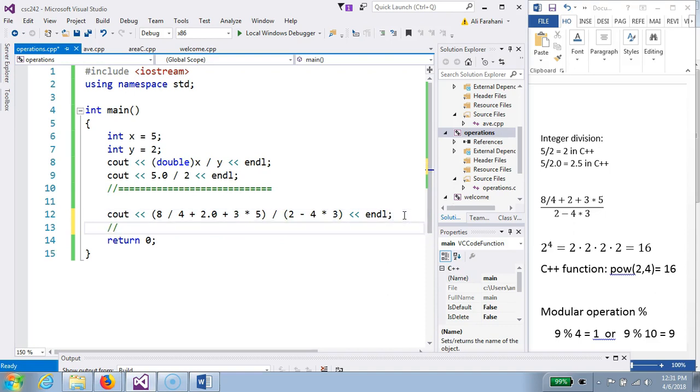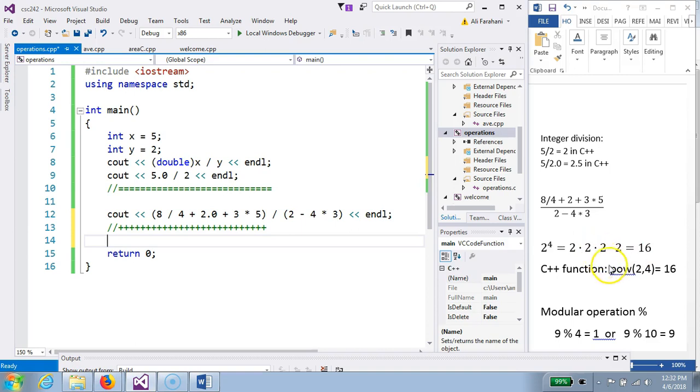Now the next item is the power function in C++. Most likely you have seen the exponents in college algebra. 2 to the power of 4 basically means multiply 2 by itself 4 times, which is 2 times 2 times 2, and again multiplied by 2, which is 16.